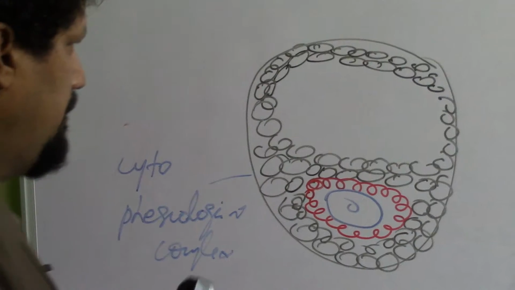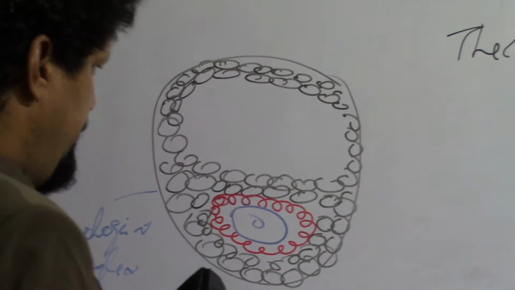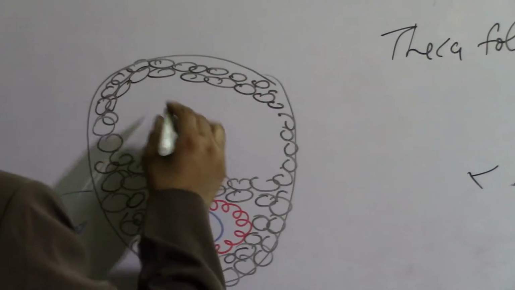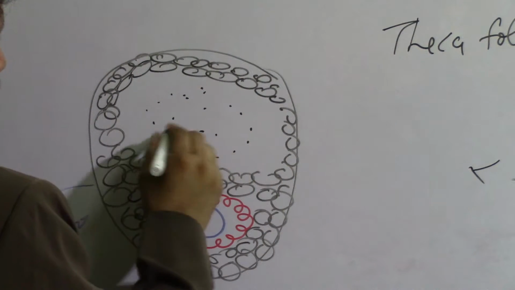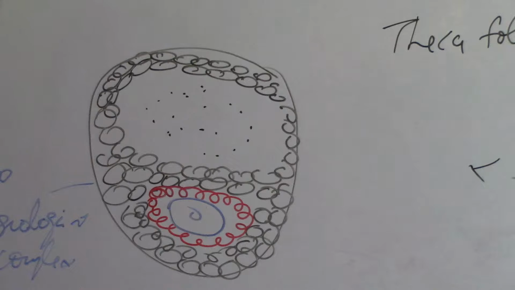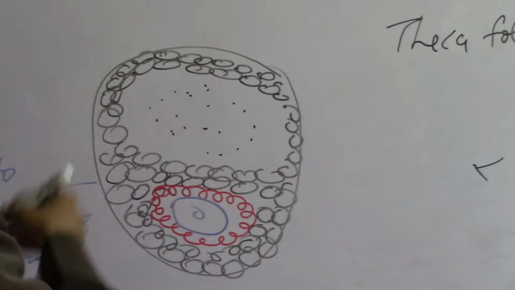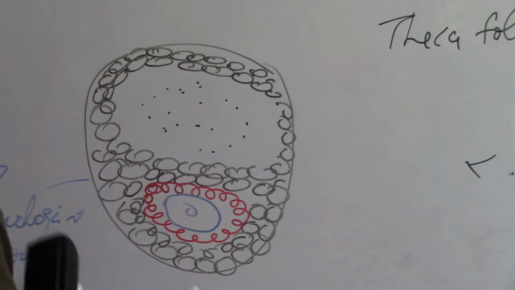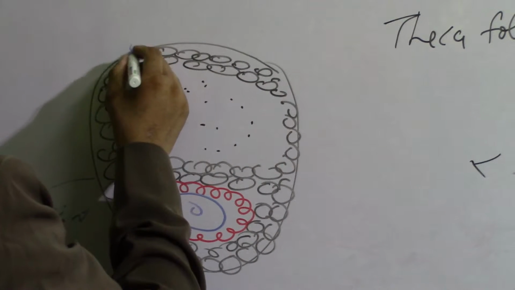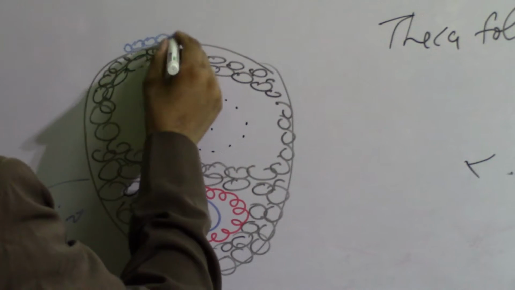This follicle having liquor folliculi and follicular antrum which is single and large, and it is having theca cells which are differentiated in two layers. Inner layer is having round cells known as theca interna.